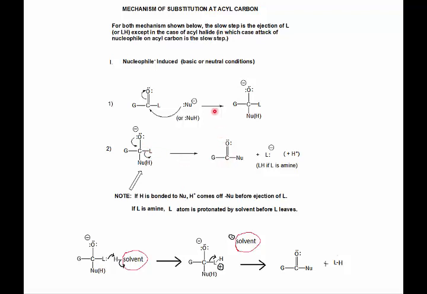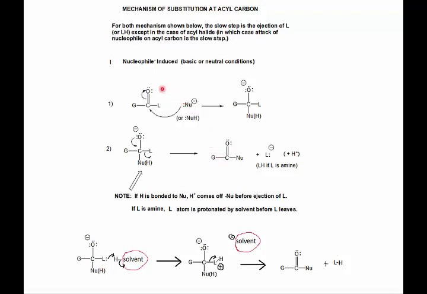On the other hand, for an acid chloride, when L is Cl, the rate determining step is the attachment of the nucleophile, because the loss of that leaving group as a chlorine is going to be very fast. Now, there's one more important point, though, and it's this.